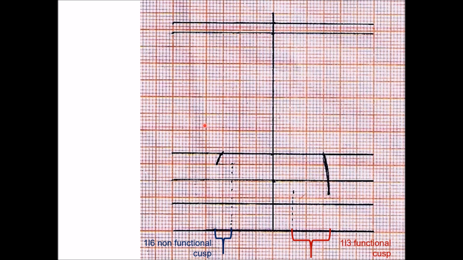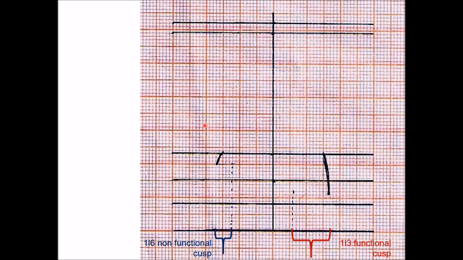The two buccal cusps, the mesiobuccal and the distobuccal cusps, are non-functional because they do not occlude with the center of the opposing tooth. The rule says that the tip of the functional cusp lies on 1/3 the total buccolingual width of the crown, while the tip of the non-functional cusps lies on 1/6 of the total buccolingual width of the crown.